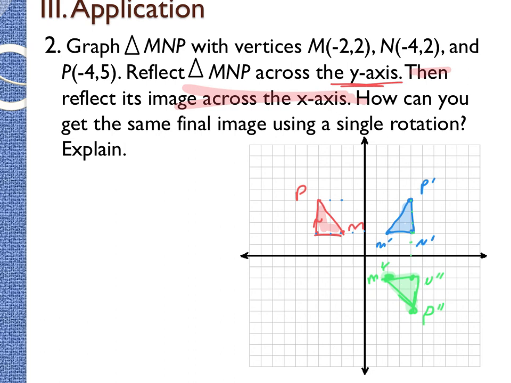Okay, and then it said, how could you have gotten that in one rotation? We could have done a 180 degree, because what happened when I did P, the original P was negative 4, 5. When I went to P double prime, it went to 5, 4.